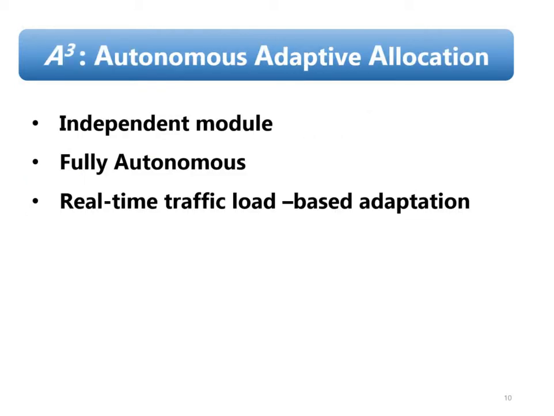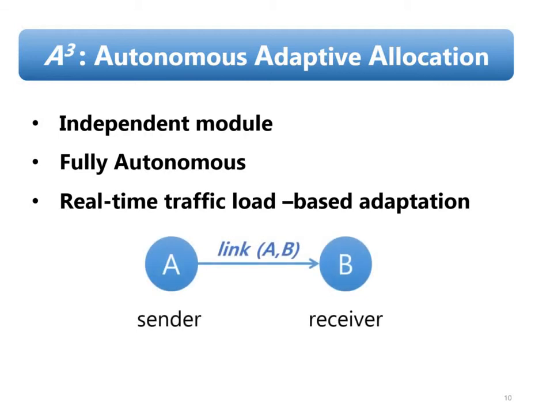In this paper, we propose A-Cube, Autonomous Adaptive Allocation of TSCH Slots. This is an independent module that can be used with any autonomous scheduler. The basic concept of A-Cube is simple. Each node observes the utilization and the result of its own transmit and listen slots.